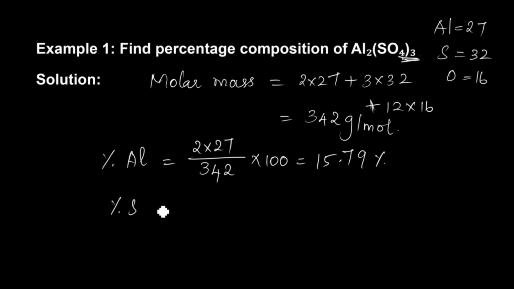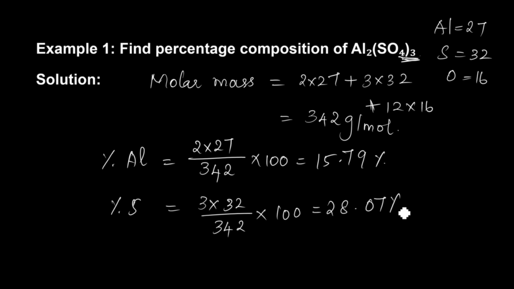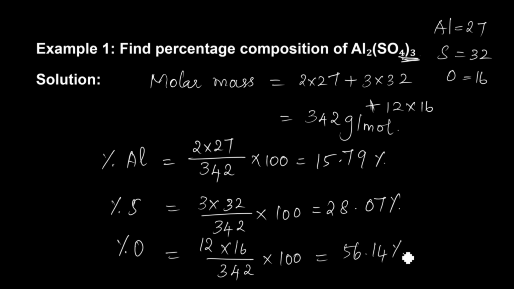Similarly for sulfur, 3 into 32 divided by 342 into 100 is 28.07 percent. And for oxygen, 12 into 16 divided by 342 into 100 comes out to be 56.14 percent.